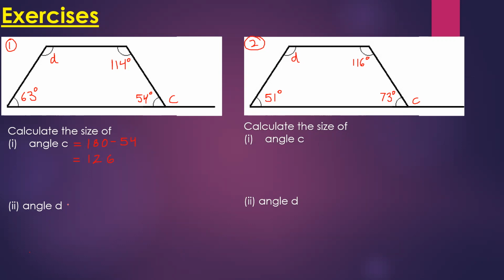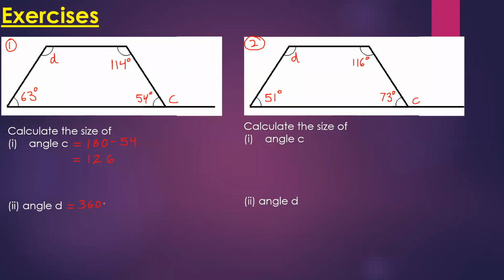All right, Shaya, help me out with D. Okay, so for D, what you want to do is 360, because all the angles inside a quadrilateral are supposed to add up to 360.